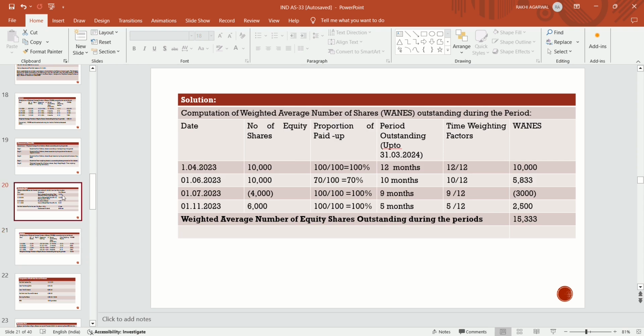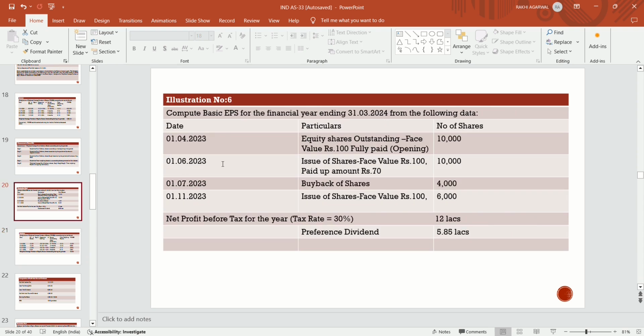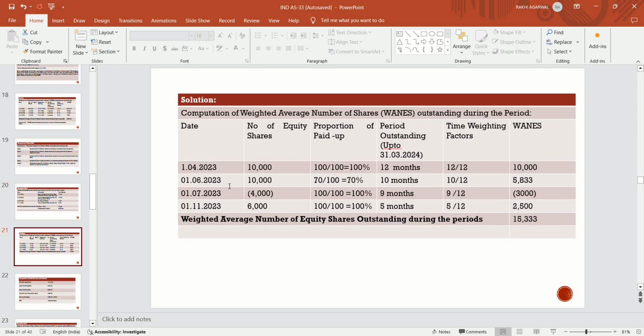Now on 1st June 2023, the entity issued another 10,000 shares which are partly paid up to rupees 70. The face value of the shares is 100. The proportion of paid up is 70 divided by 100, that is 70%, on which we will give the proportion of paid up.